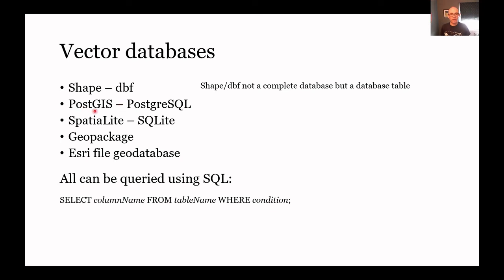So PostgreSQL has acquired a spatial component, so it becomes PostGIS, and SpatiaLite is SQLite with spatial functionality as well. This actually is included in the geopackage. The geopackage uses SQL. Geopackage can also store rasters, as can the geodatabase. But it's a technical detail, not really something to be worried about now.